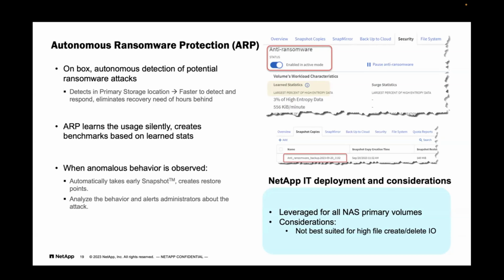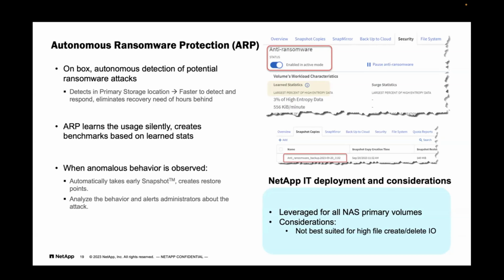Currently, you have to wait for the volume ARP to complete its dry run, build the profile, and only then it activates. In our case, we have enabled it for every single NAS volume. Right now it only supports NAS workload. SAN is not yet supported, so we've enabled it everywhere.